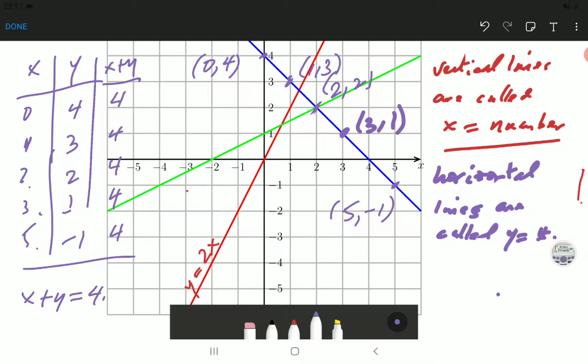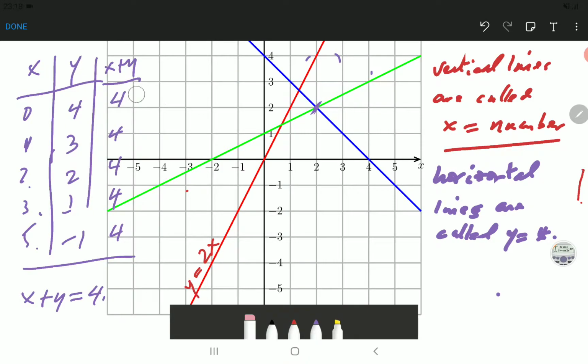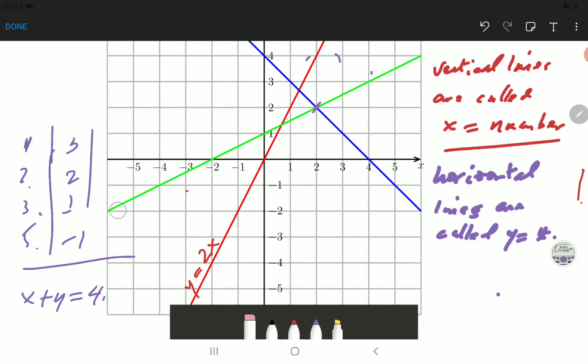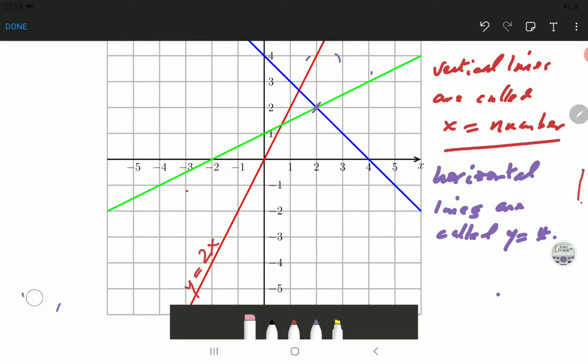So if we just take away all these workings, we're going to put x plus y equals 4. That is the equation of the blue line. Then we're going to go to the green line, and after that, we're going to go back to the theory.